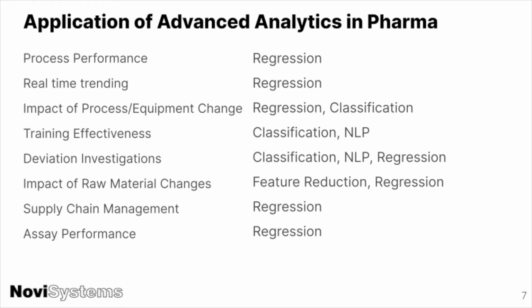Deviations themselves, those investigations make use of all of these tools. And what that does is it really speeds up the process of making a decision, because you can have all of that information readily available now, provided it's all fused or integrated. The other cases are pretty straightforward, and you can understand where we can apply these models.